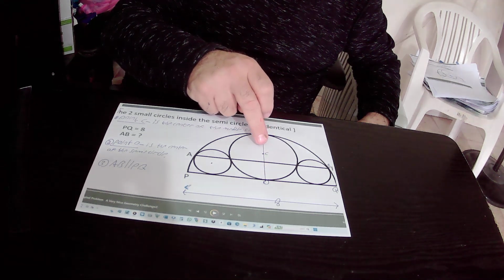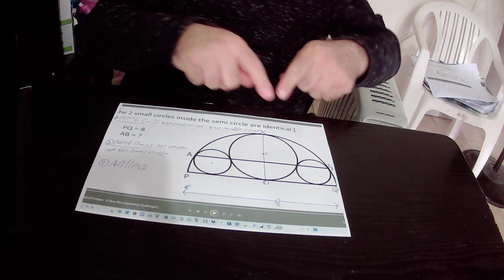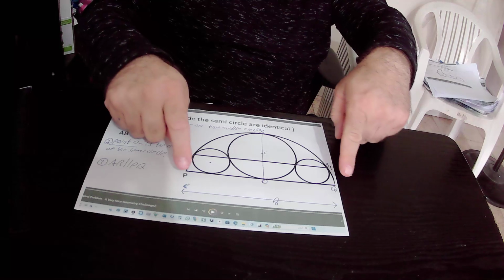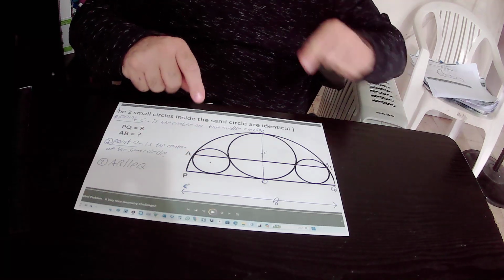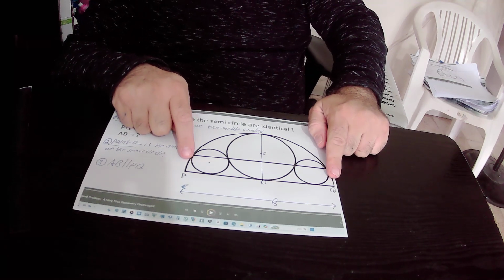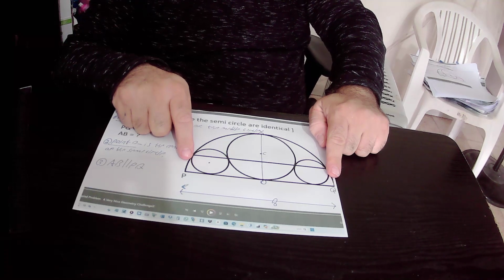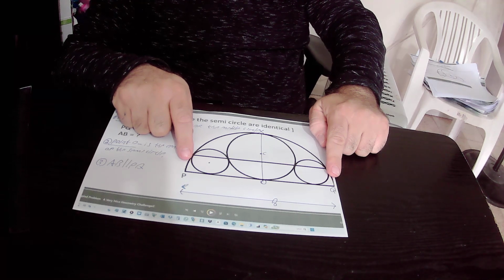The center of the middle circle is at point C, and we know that AB is parallel to PQ, and PQ equals 8 units. So PQ is actually the diameter of this semicircle, and the diameter of any circle or semicircle equals 2 times the radius.